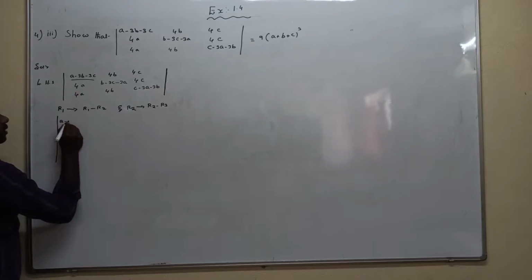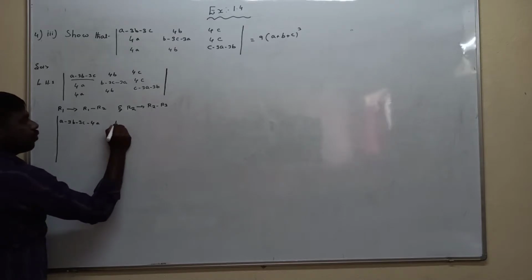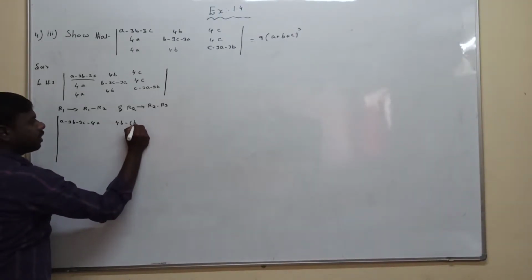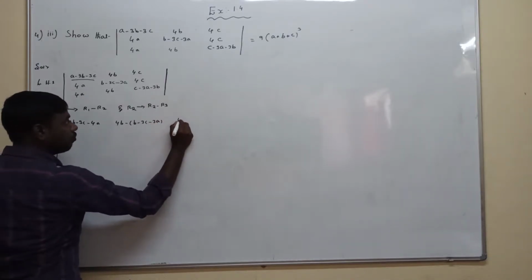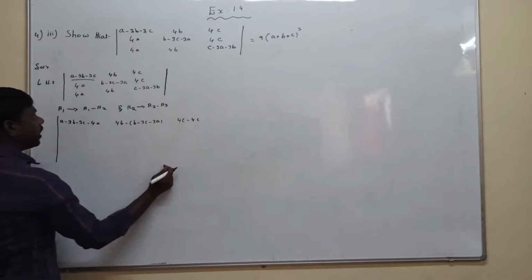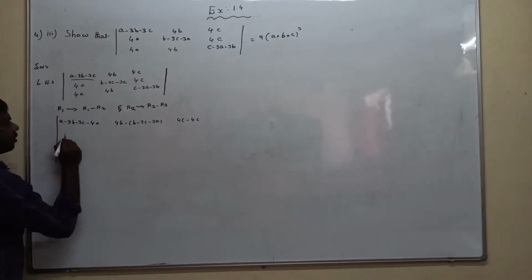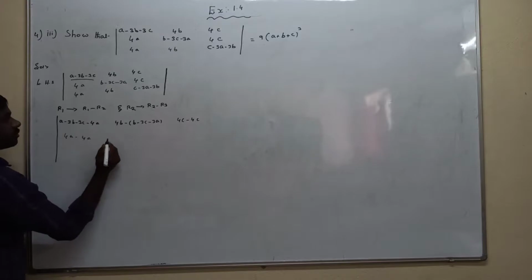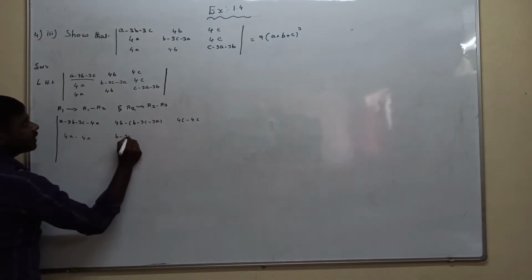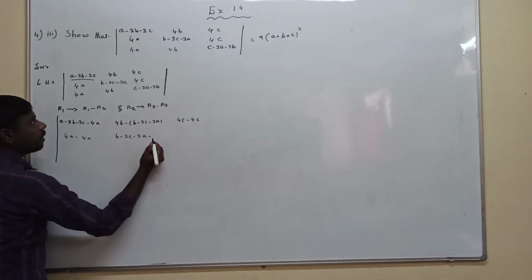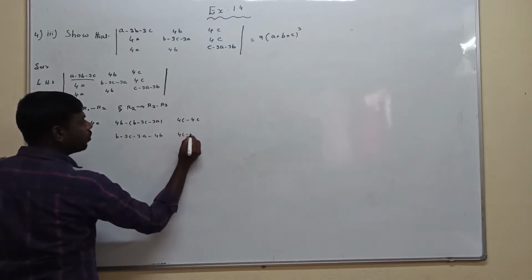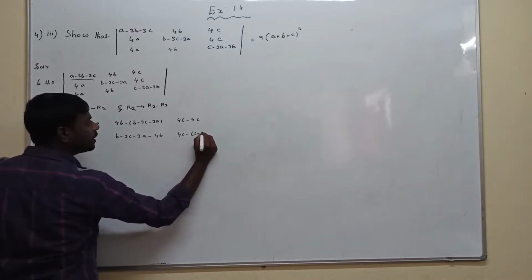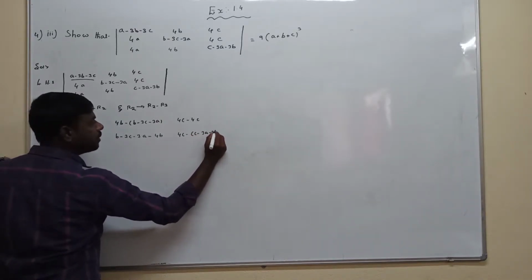So the first row is a minus 3b minus 3c minus 4a, 4b minus (b minus 3c minus 3a), next 4c minus 4c. Next, R2 changes to R2 minus R3: 4a minus 4a, b minus 3c minus 3a minus 4b, 4c minus (c minus 3a minus 3b).